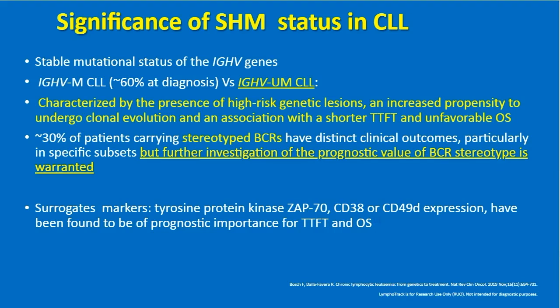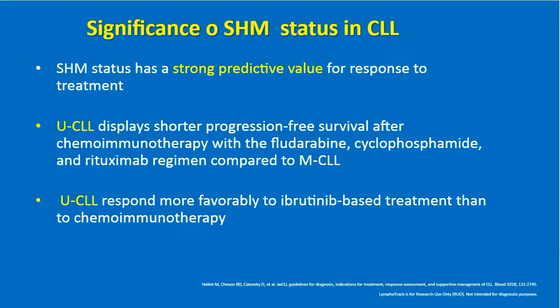Occasionally, surrogate markers like ZAP70, CD38, and other markers can be used, but overall, IGHV hypermutation determination is still highly favored. So again, as we have seen, the SHM status has a strong predictive value for response to treatment, and unmutated CLL displays shorter progression-free survival even after chemoimmunotherapy.